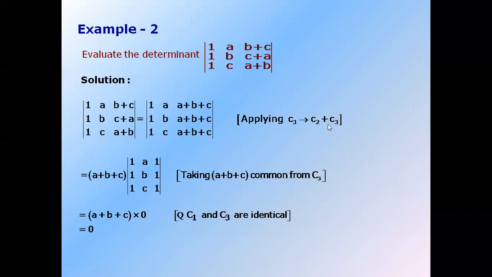If we add the second column and third column, then we get A plus B plus C, A plus B plus C, A plus B plus C. We apply this operation because we want two columns identical. Okay, if we take A plus B plus C common, then we get this value, that is 1, 1, 1, A, B, C, 1, 1, 1. Two columns are identical here. That's why we get the value of this determinant is 0.